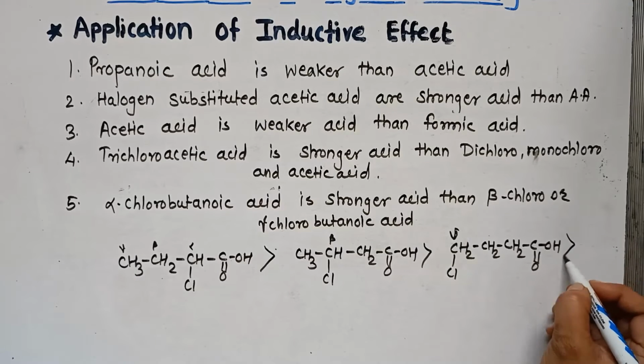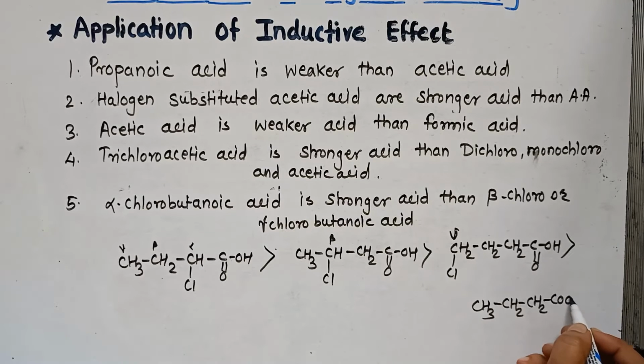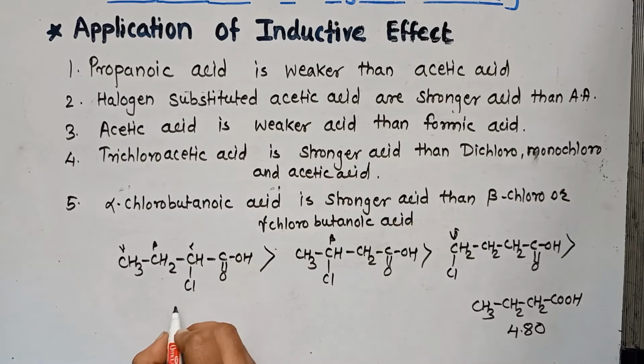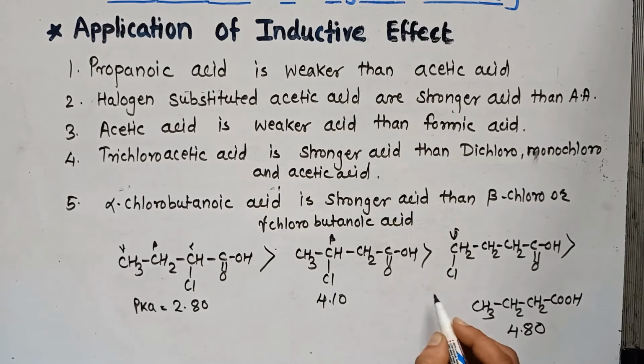The structure of butanoic acid I draw here: CH3, CH2, CH2, COOH. Here the pKa value is 2.80, then 4.10, 4.50 and 4.80. So the smaller the pKa, the stronger the acid. This is the first point.